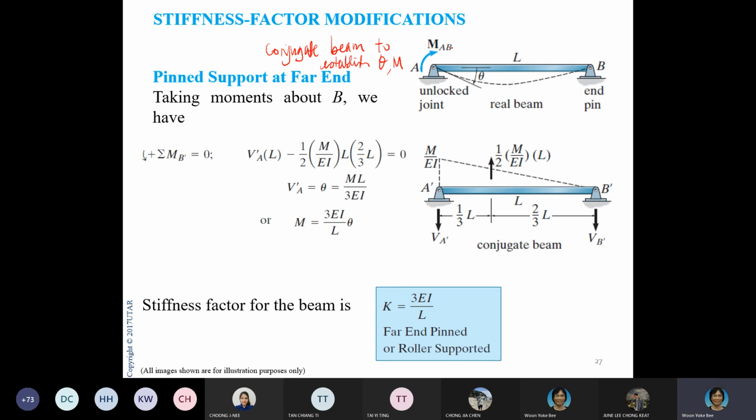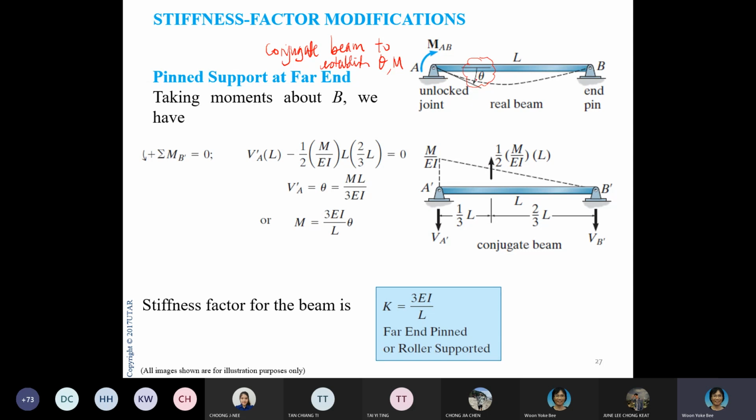Here I unlock the joint of AB, which means I apply a moment of M. I need to find out what this theta is. Unless you use other analytical methods that you've learned earlier, either the force method, the virtual work method, and all that, we are using the conjugate beam method to establish this.